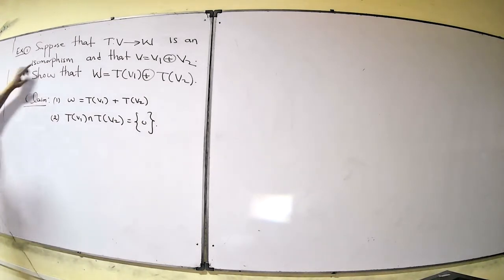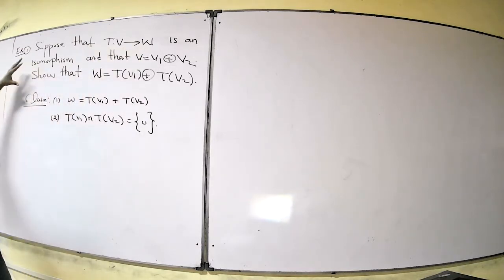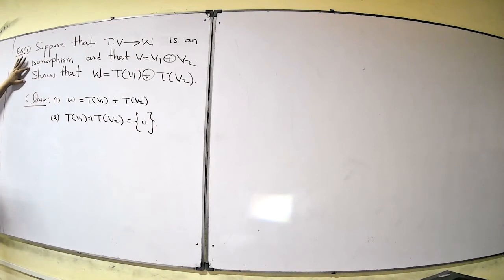Okay. Suppose that T: V to W is an isomorphism. Suppose T is an isomorphism means T is a linear mapping and T is 1 to 1 and onto. Therefore, we want to use these facts to prove this statement. Okay.